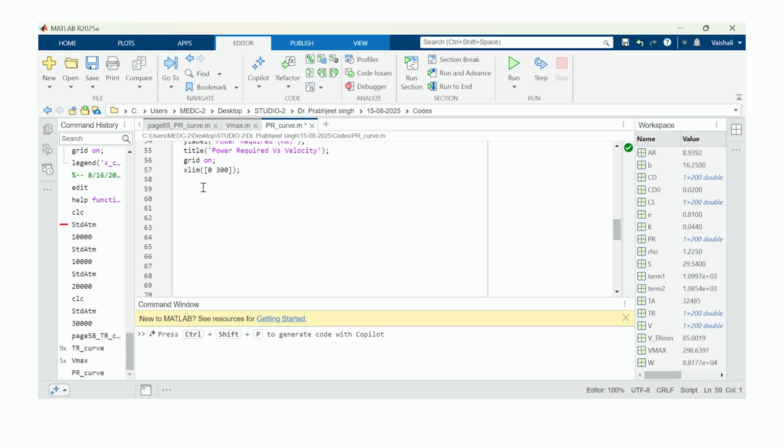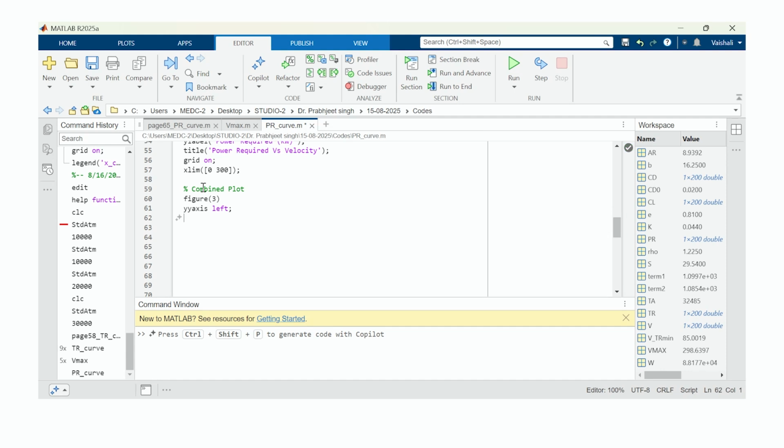So let me write here combined plot. Let me write here figure 3. Alright, so the left axis will be your thrust required, and the right axis will be your power required. Okay, so we will write here y axis left.